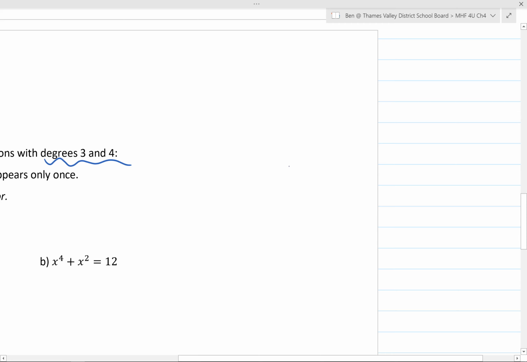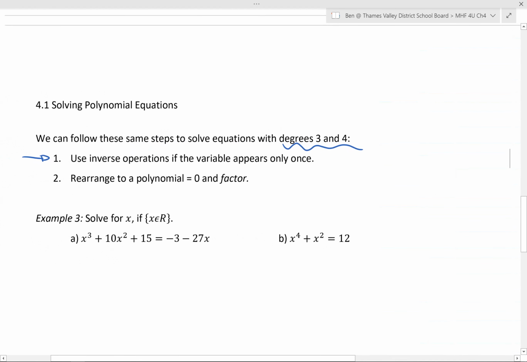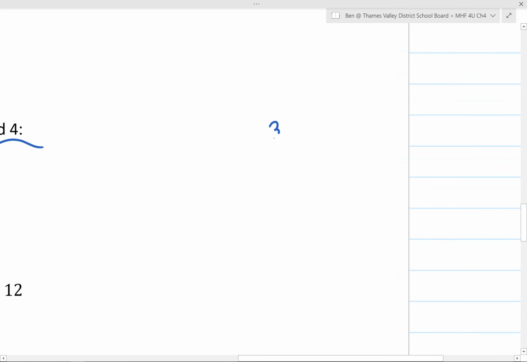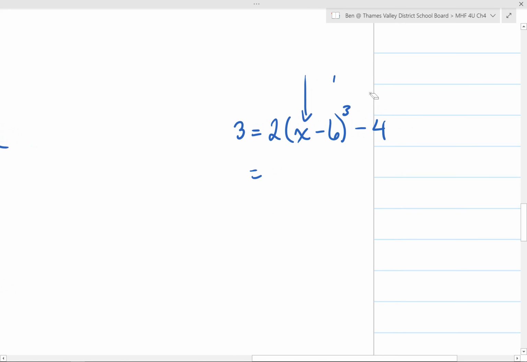Let's say 3 equals 2 times x minus 6, to the power of 3, minus 4. Then we could solve this by isolating for our x, because x only appears once, and that's the key, right? So we add 4 to both sides.